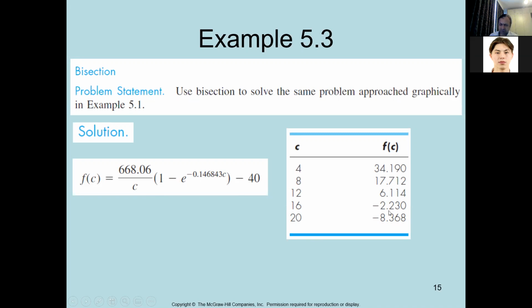From here, we can see that the value of this function changes from plus to minus for values of C from 12 to 16, which means the root of this equation will lie between 12 and 16.